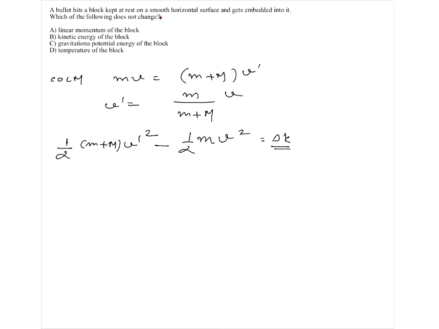So when the bullet enters the block and travels inside the block, it rubs with the block. That friction is eating some kinetic energy. And that's why the temperature of the block and the bullet also. Bullet will become hotter, and so will the block.